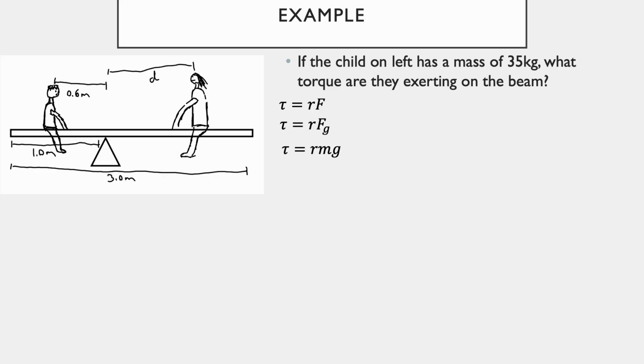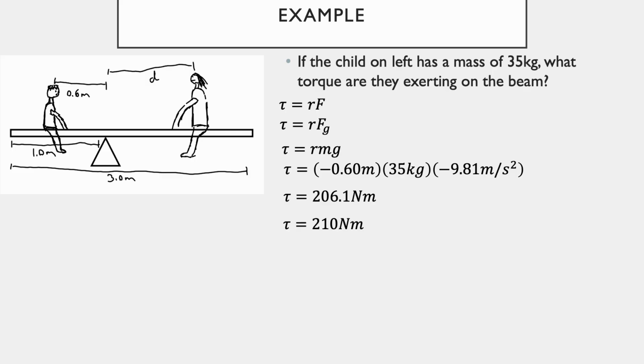So we've got our torque is equal to r times m times g. Substitute in our values. Our r is negative because it's to the left of our fulcrum, or point of rotation. And we get a torque of 206.1 newton meters. However, we were just given values to 2 sig figs. So 210 newton meters.